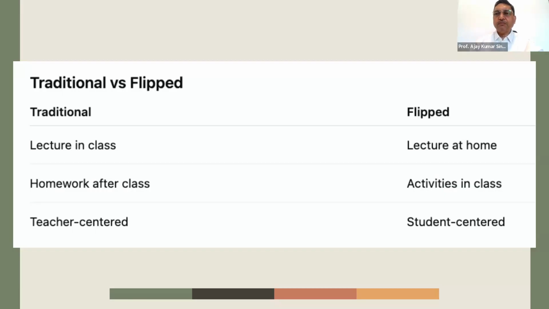Whereas in the flipped classroom, the lecture will happen at home because you have already shared your lecture with them, and they can listen to your lecture as per their own convenience.